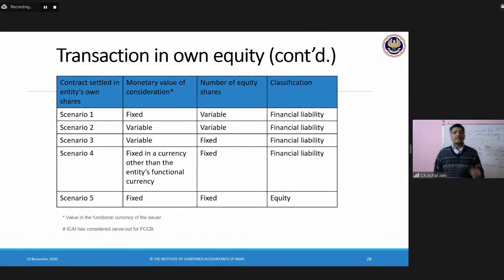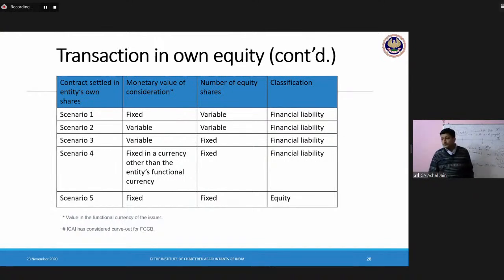The amount is fixed and the number of equity shares is also fixed. That's why we will say that the fixed for fixed criteria is met, and that's why in this situation only the financial instrument will be called equity and not a financial liability.